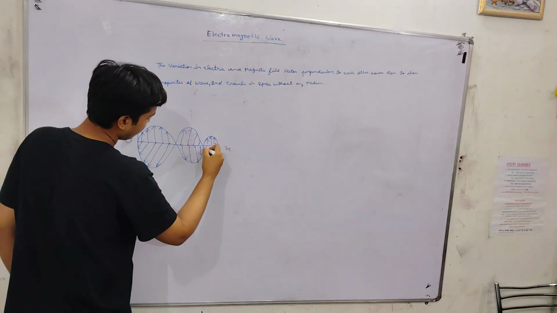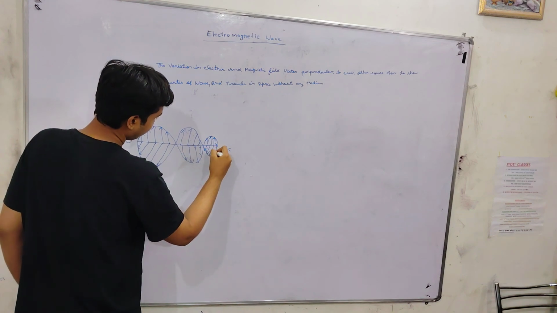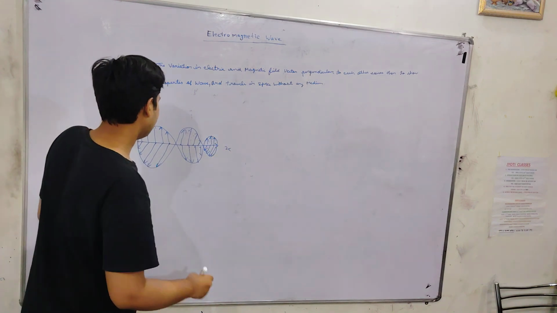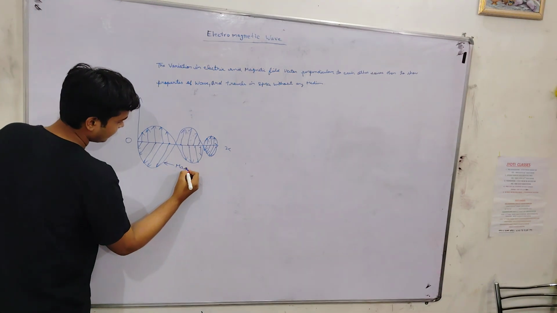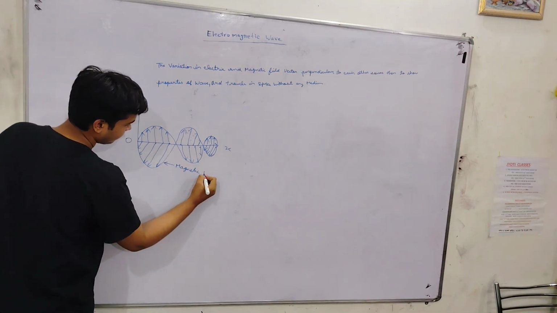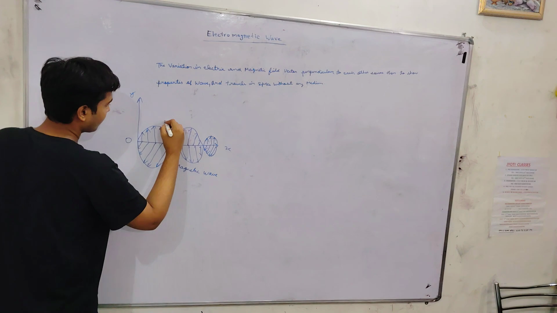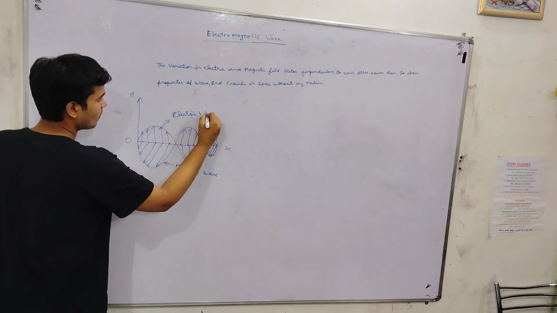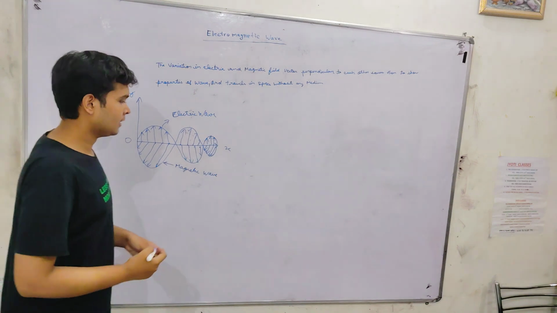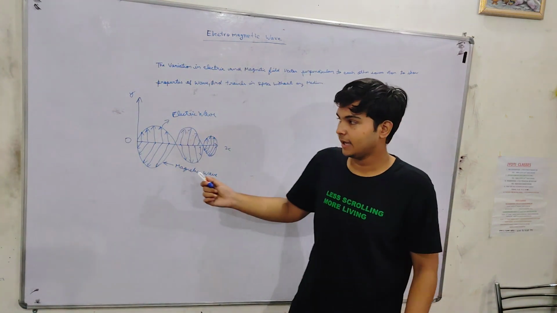This is the diagram of the wave structure, with the magnetic wave and the electric wave. This is the diagram of the electromagnetic wave.